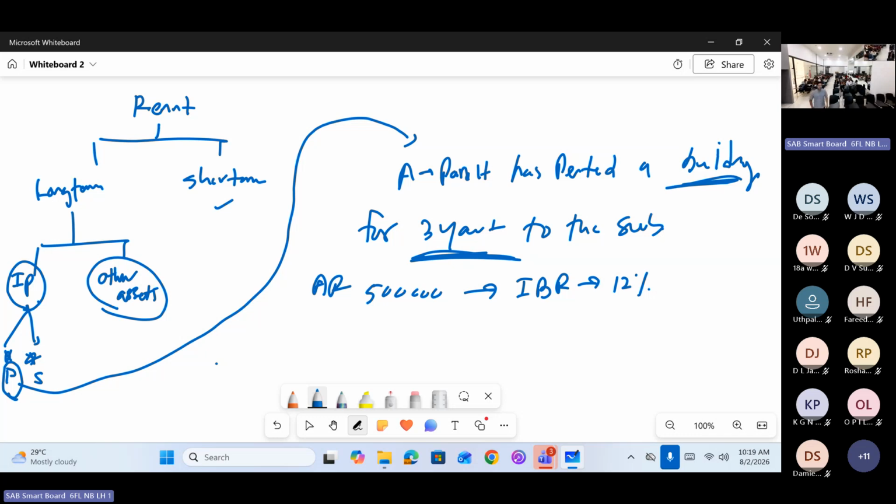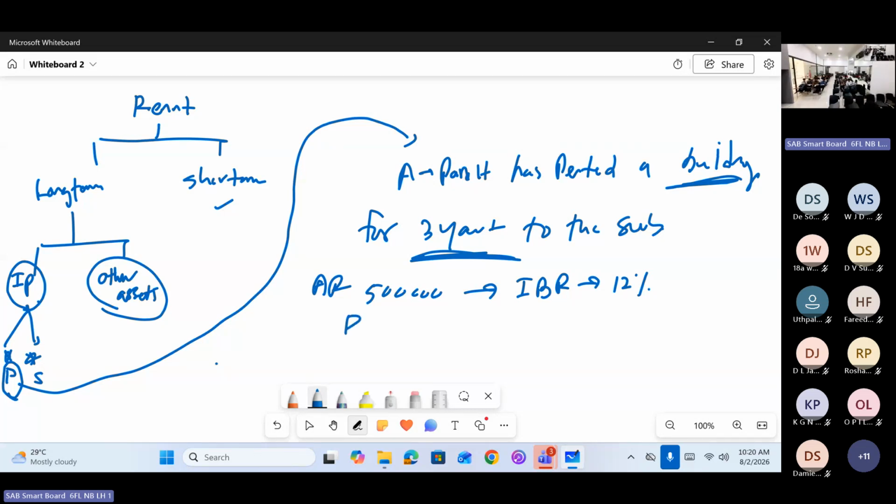Incremental borrowing rate 12. Why was that given? Why was an incremental borrowing rate given for rent, like a loan? You need to calculate the incremental borrowing rate. Right? How have they recorded this transaction by parent and subsidiary.